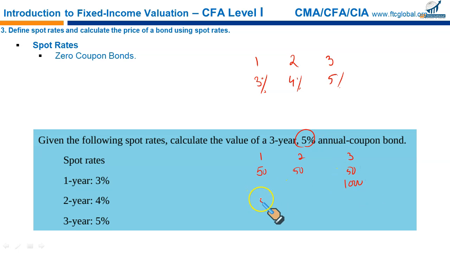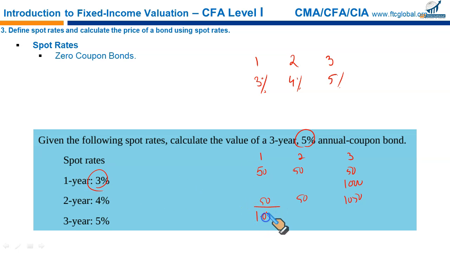So the total cash flows for years 1, 2, and 3 are 50, 50, and 1050. Now we need to discount these at the relevant zero rates. So we will discount this $50 cash flow at the end of year 1 at 3%.